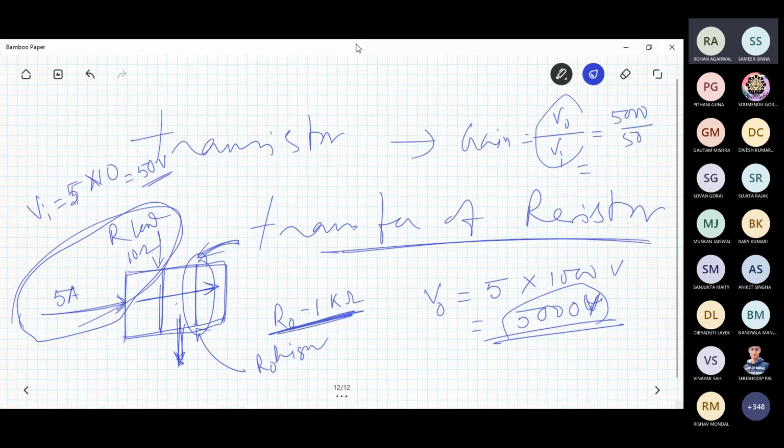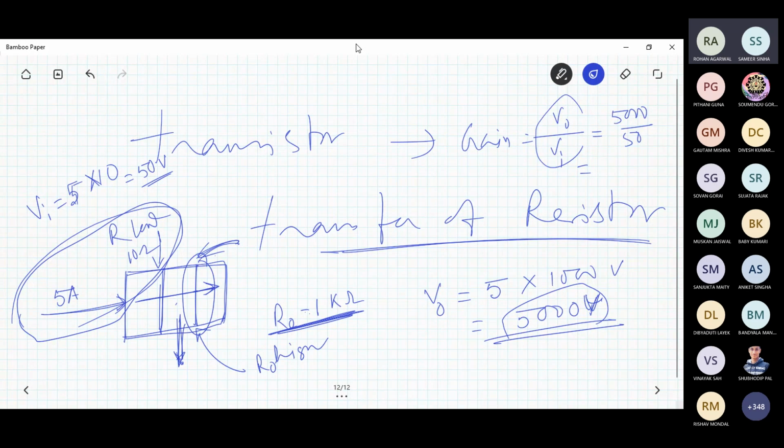Sir, if we instead use a 10 ohm resistor and a 1000 ohm resistor, what is the difference compared to using this NPN junction? Well, I am not using any resistor here.